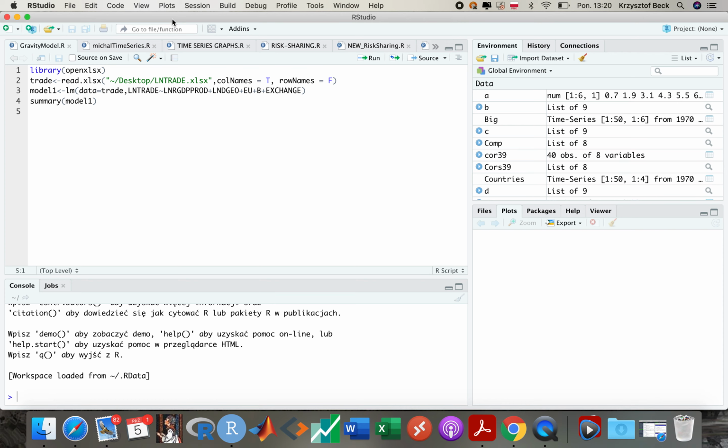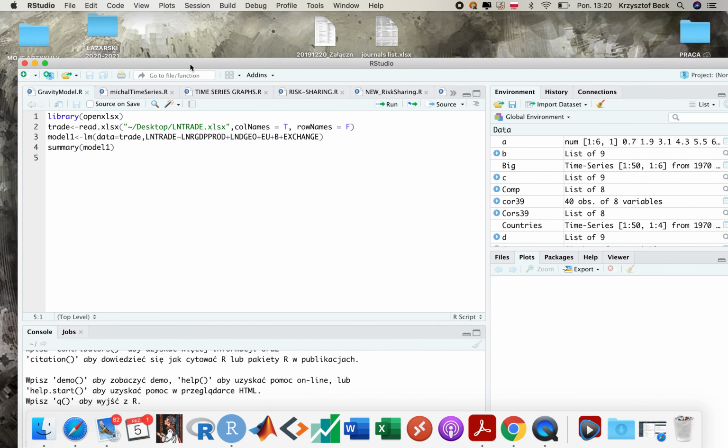Okay, so first we open RStudio and we open the file that I'm sending you, the gravity model. First, you need to install, if you do not have it, the package openxlsx.